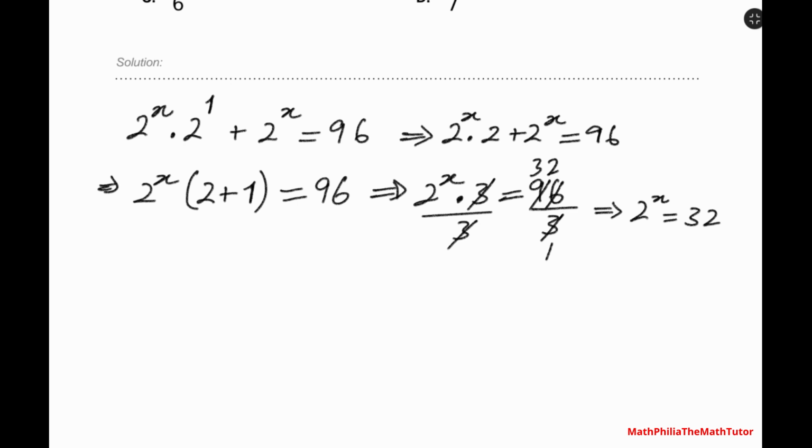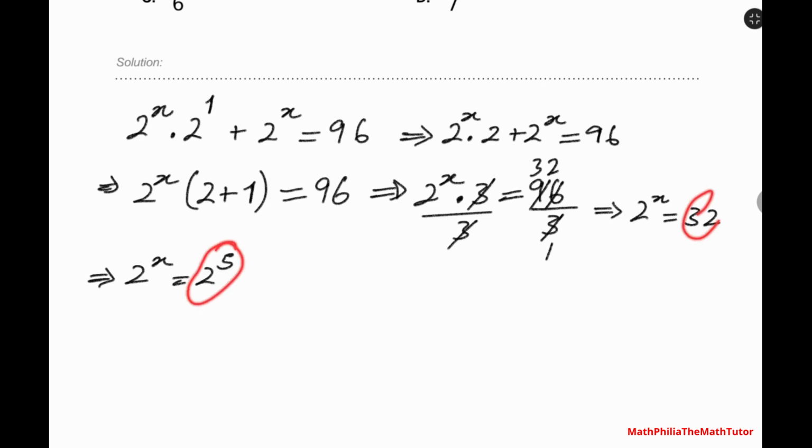And if you don't know this, you can just use a calculator, because you are dealing with base 2 here, so there's a high probability that this is also going to be in base 2. So you can multiply 2 by itself again and again until you get 32, if you don't know, of course. But for the sake of this video, I know that 32 is the same as 2 raised to the power of 5, so I'm just going to say 2 raised to the power of 5.